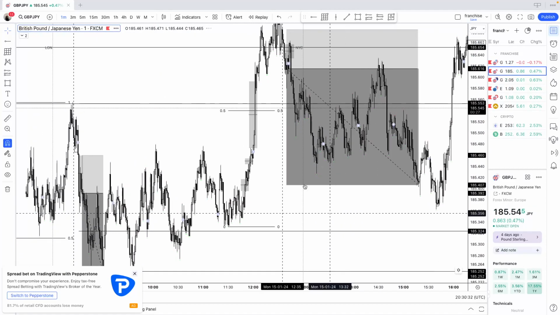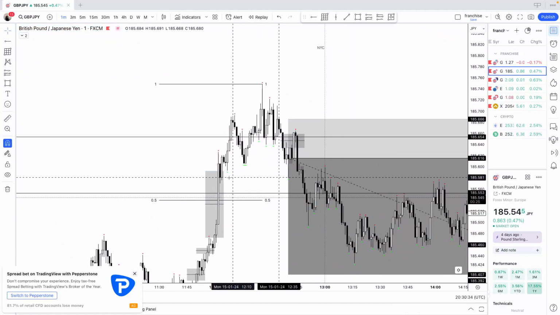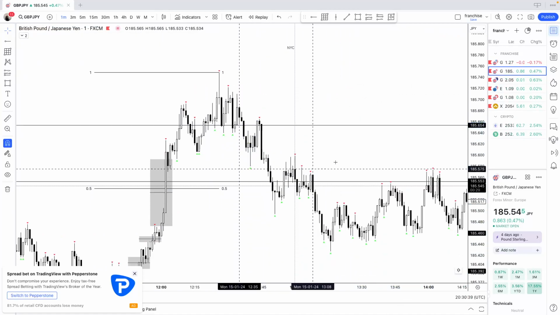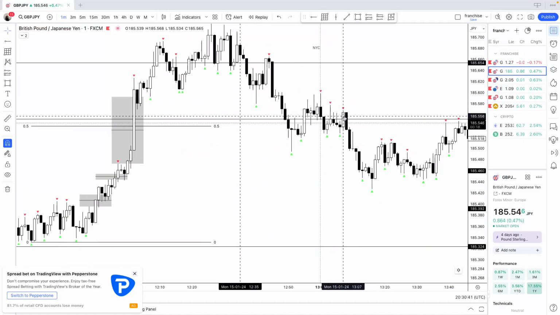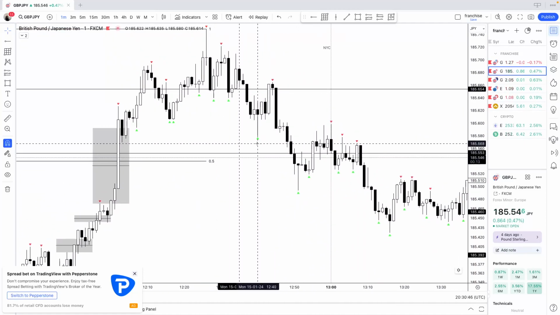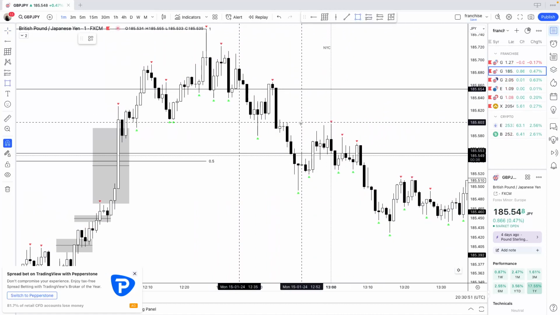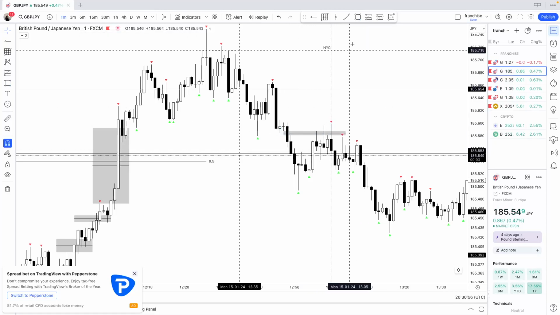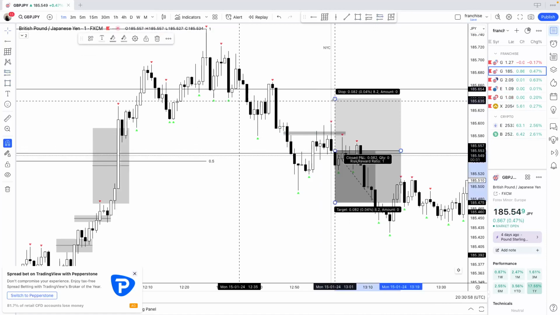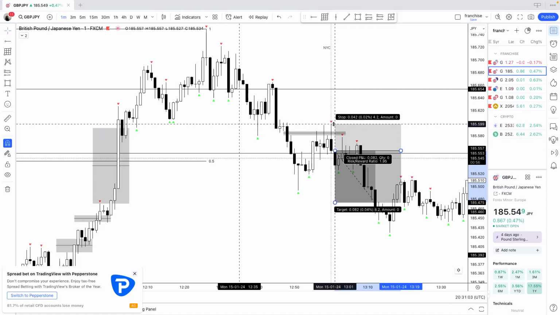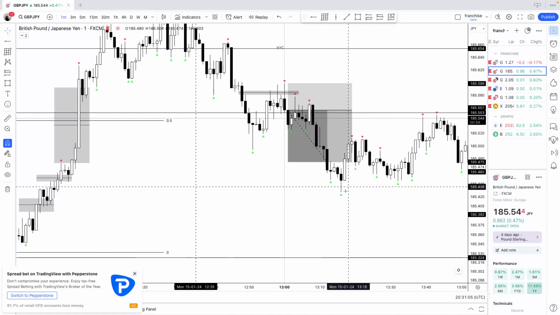Then it reversed up. The re-entries here would have had to have been above equilibrium. So price breaks again, doesn't touch that at all. We've got another fair value gap here. Price displaces out, and after displacement, stops above the fair value gap, or in this case you just put it above the fractal high.